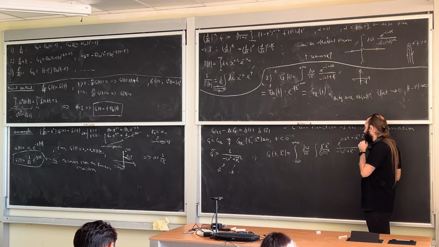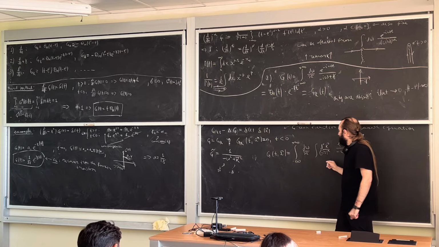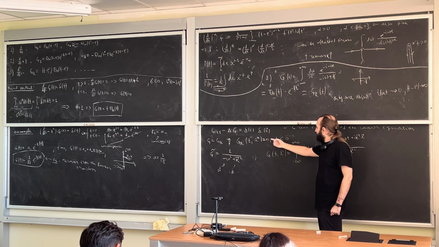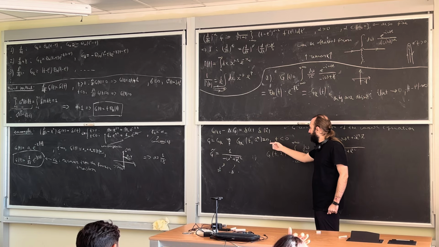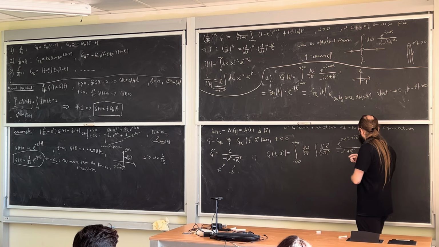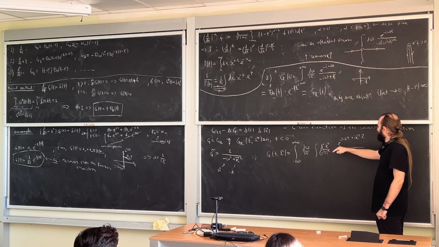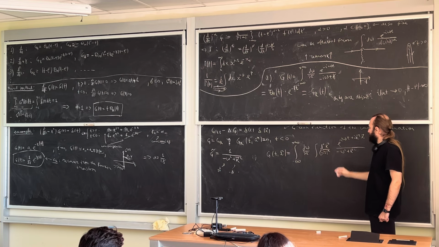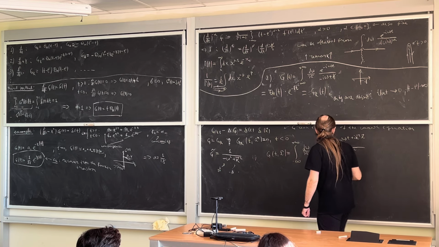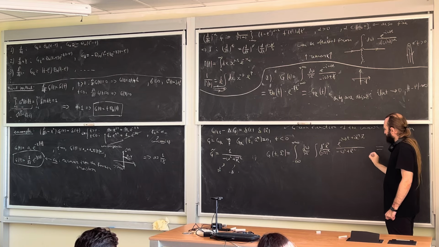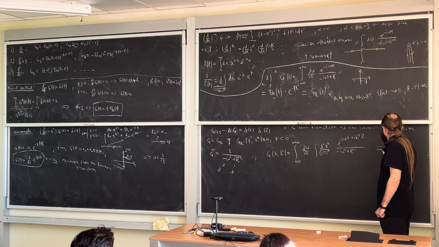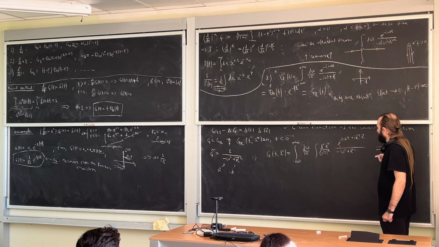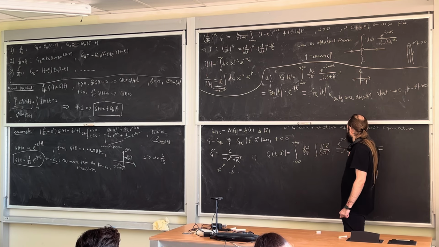And if we want to choose this condition, then we should compute the integral in omega first. So it's very easy to make sure that it vanishes for negative times.